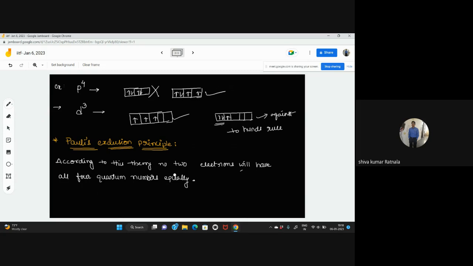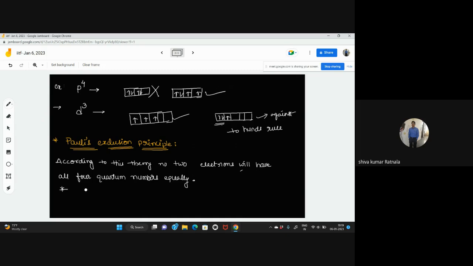No two electrons in an orbital will have all quantum numbers equal. So what are the quantum numbers we have? We have four quantum numbers: principal, azimuthal, magnetic, and spin quantum number.